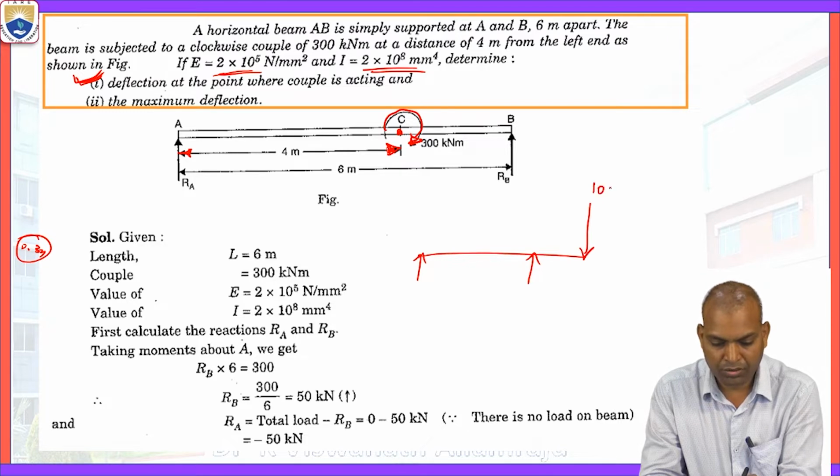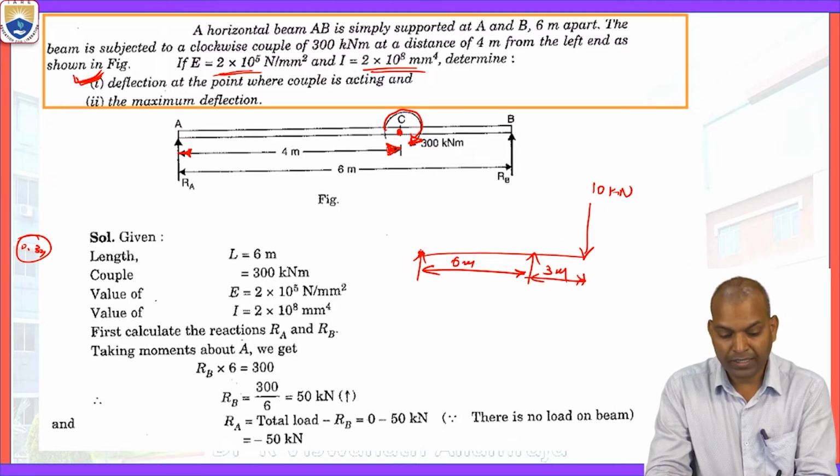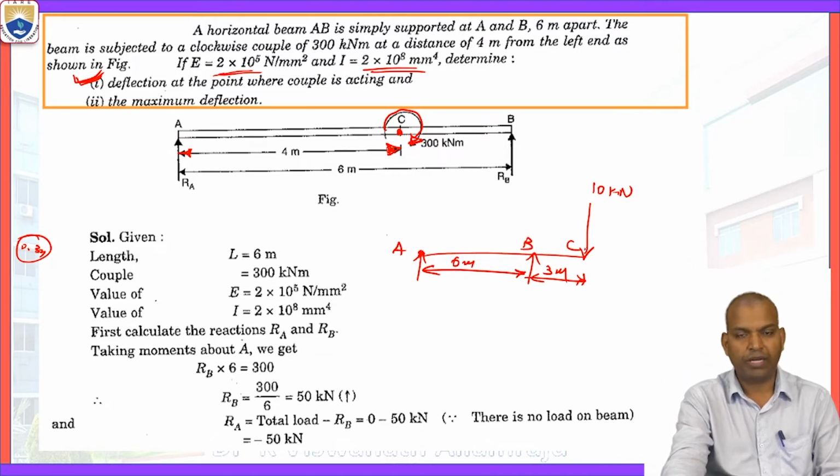Here 10 kilonewtons acted, with 6 meters and 3 meters. We have to find support A, support B, and the point C where the load is acting.